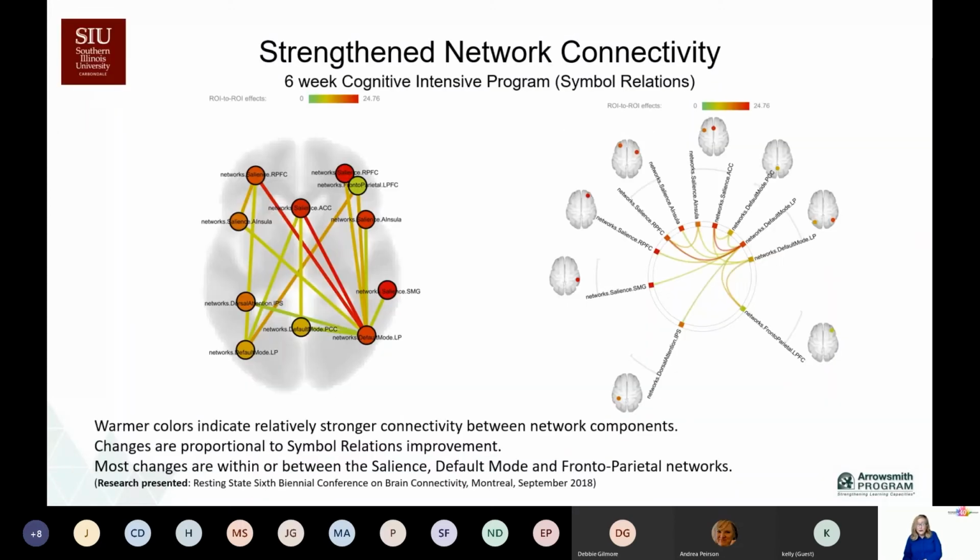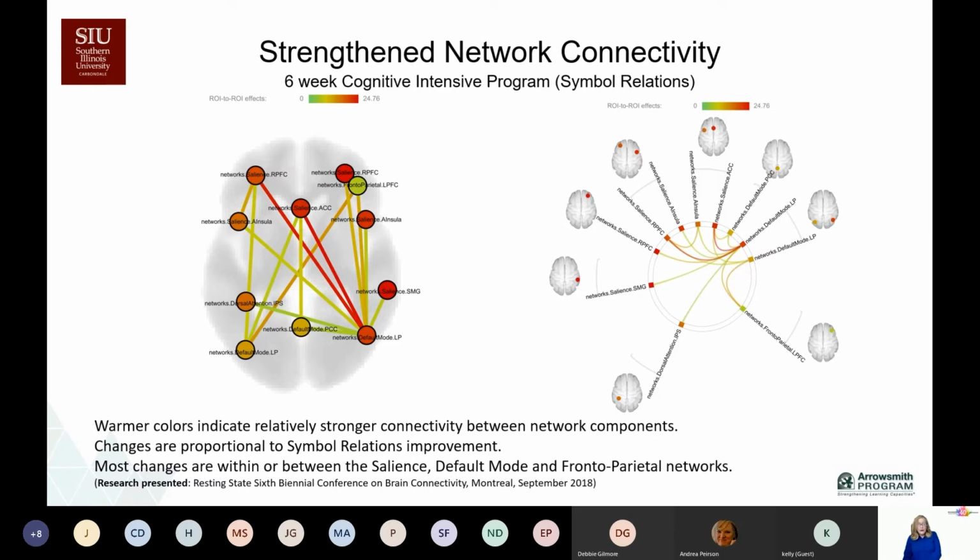And then this is work coming out of Southern Illinois University, and these were students in the 6-week cognitive intensive program, because when it was in person, it was 6 weeks versus 8 weeks in the at-home version. They imaged students at the beginning, prior to stepping into the program, and at the end of the 6-week program.